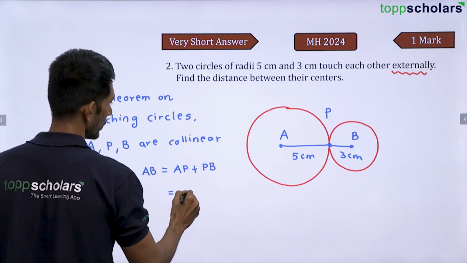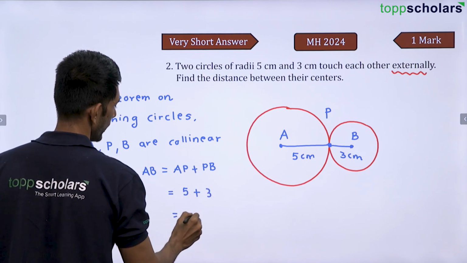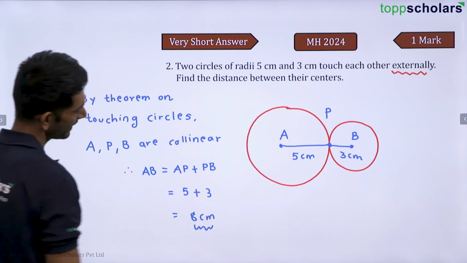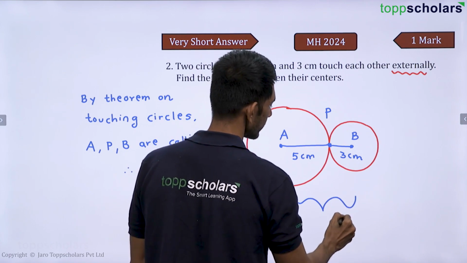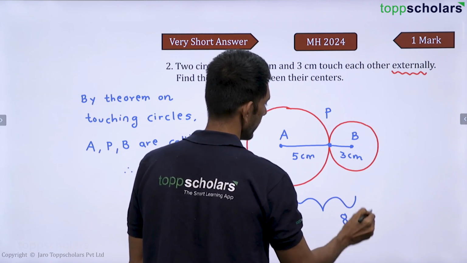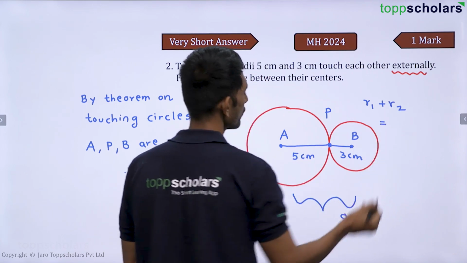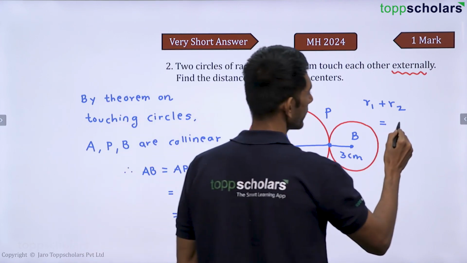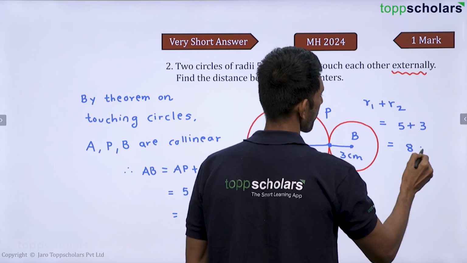So that is equal to 5 plus 3, that is equal to 8. So now we can say that the distance between the two centers is 8 centimeter. You can also write R1 plus R2 if you want. The distance between the centers is equal to the sum of the radii, which is 5 plus 3. Both ways are correct.